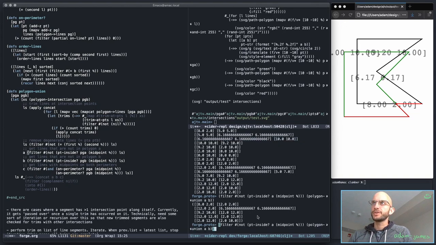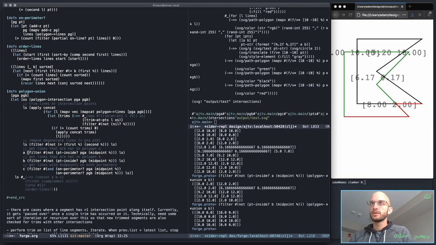I'm confused. I don't think I inverted this by accident. I think this is now the wrong predicate.